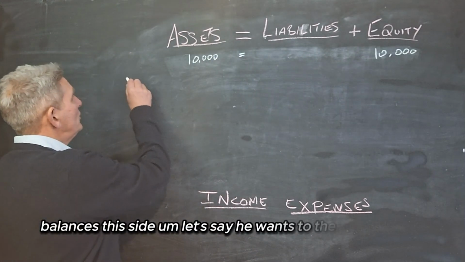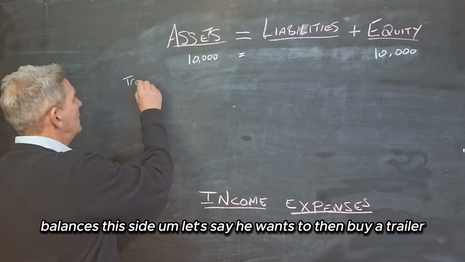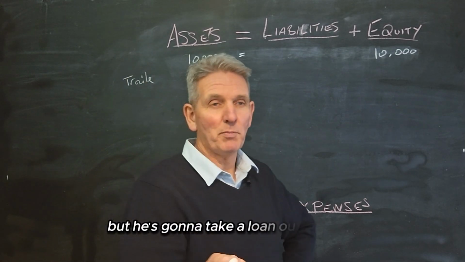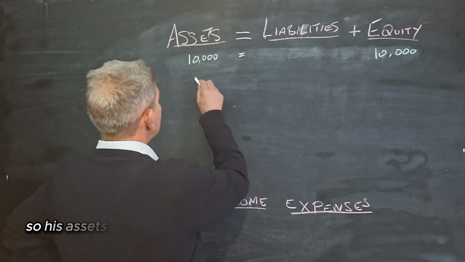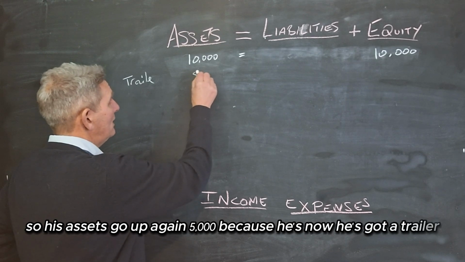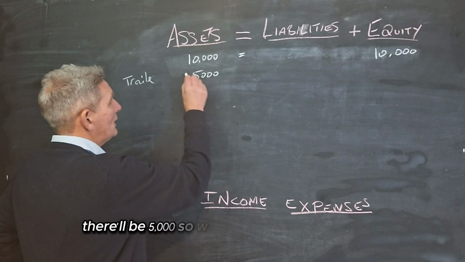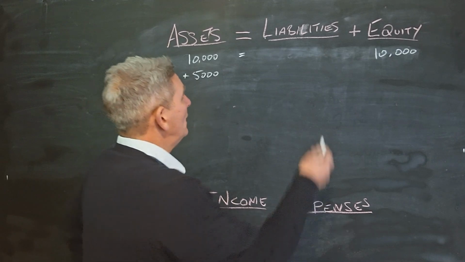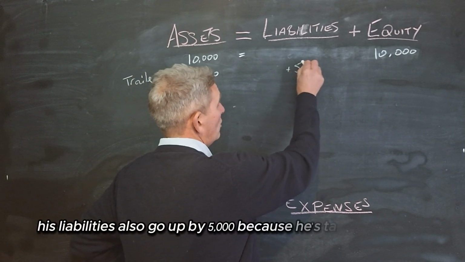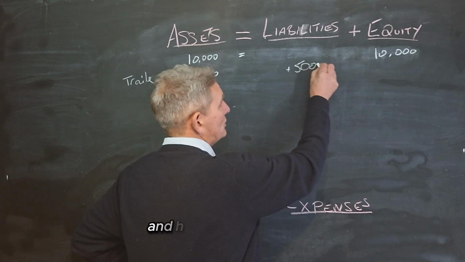Let's say he wants to then buy a trailer, and the trailer is going to cost $5,000, but he's going to take a loan out to buy it. So his assets go up again, 5,000, because he's got a trailer. There'll be 5,000, so he can add 5,000 to his assets. His liabilities also go up by 5,000 because he's taken a loan out and he's got to pay it back.